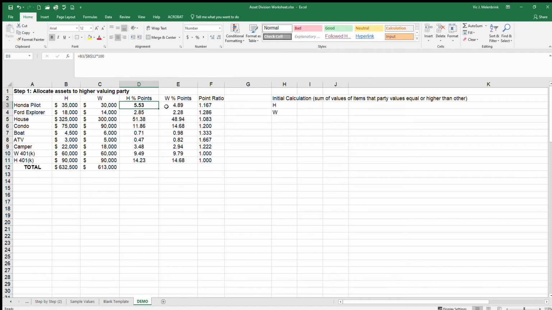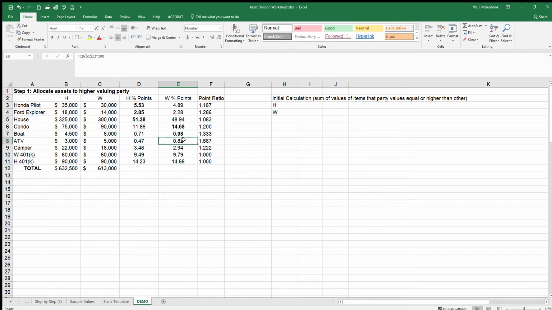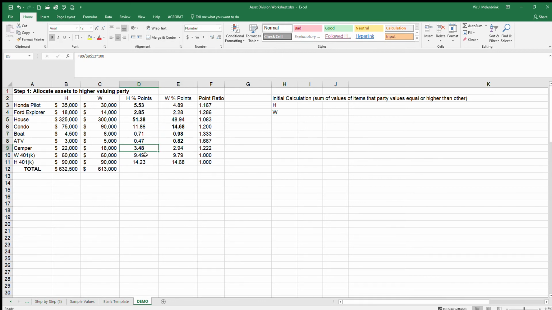So husband values the pilot higher because 5.53 is higher than 4.89. 2.85 is higher than 2.28. Wife's valuation of the condo is higher, 14.6 instead of 11.86, so she gets a bold on that one. Wife is higher, husband is higher, husband is higher.